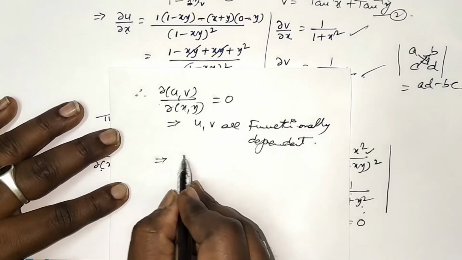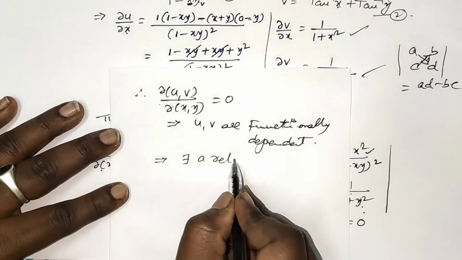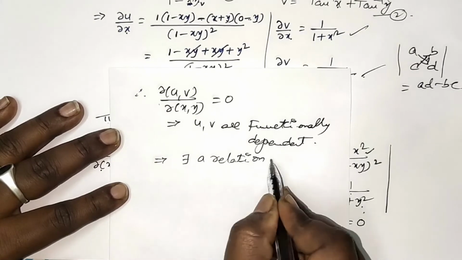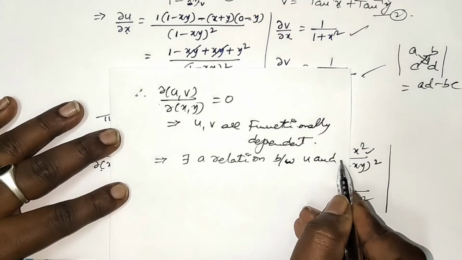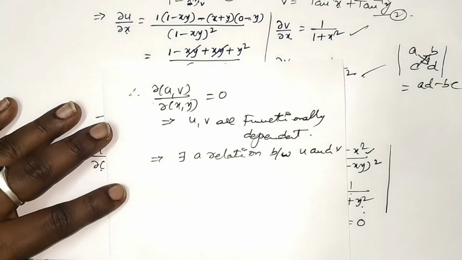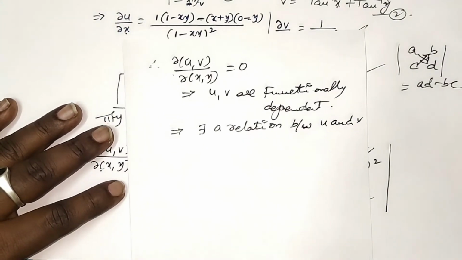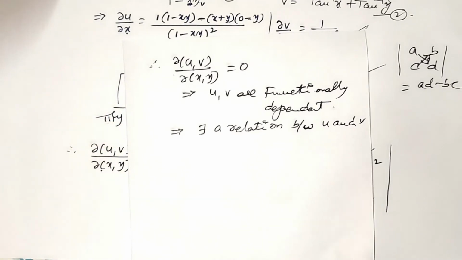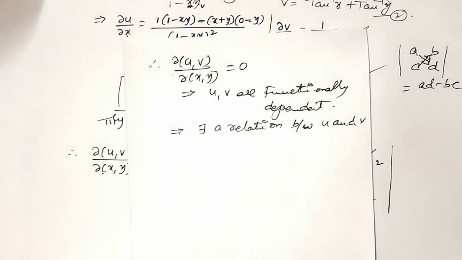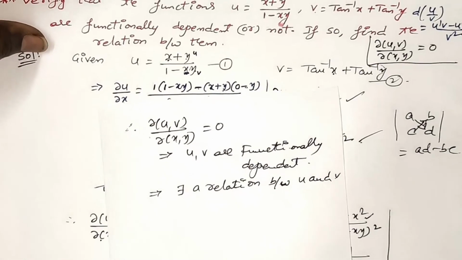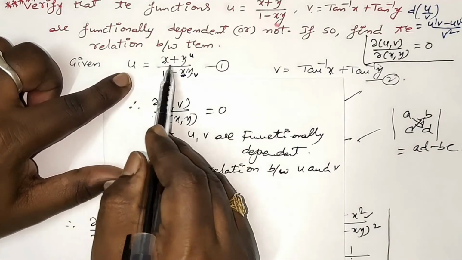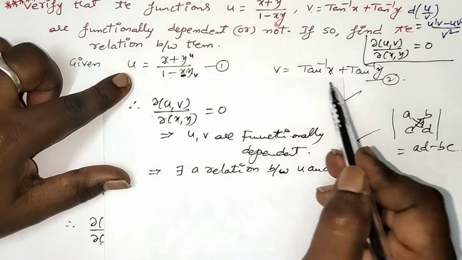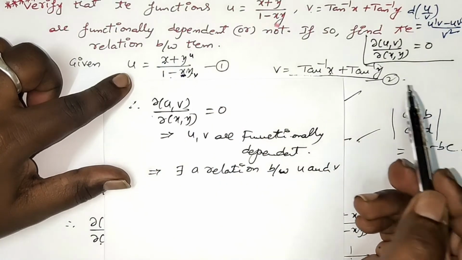So there exists a relation between u and v. Already I told you, for getting the relation between u and v, you should observe the structure of the given functions. We are observing that u is equal to (x plus y) by (1 minus xy) and v is equal to tan inverse of x plus tan inverse of y.